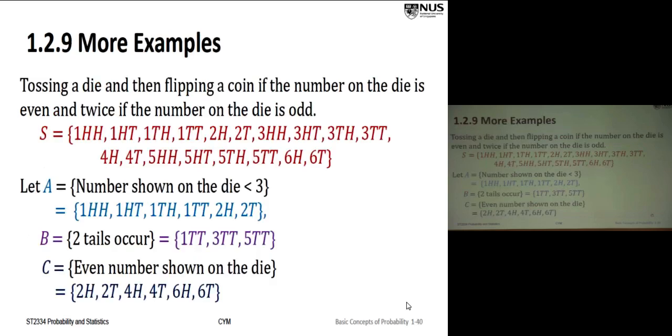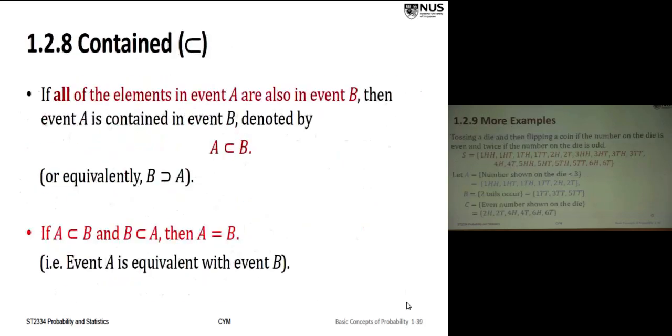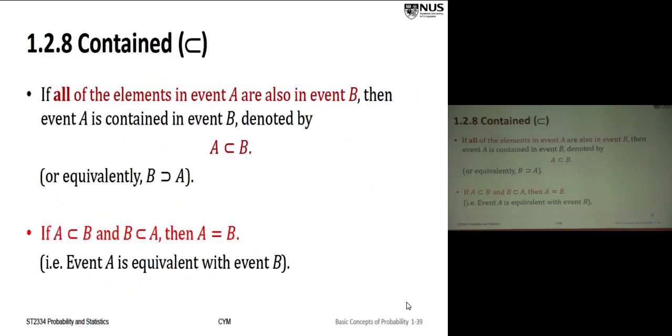Okay, let's have a look at one last thing to soldier through before we finish the lectures. We take one final operation, which is called the contained operation. The contained operation is the following.